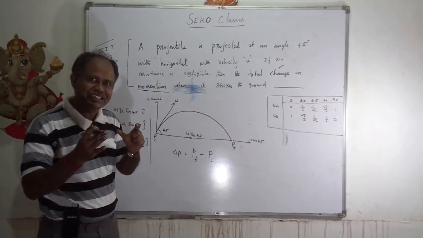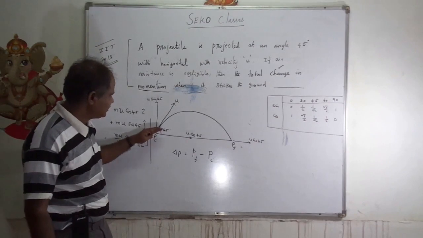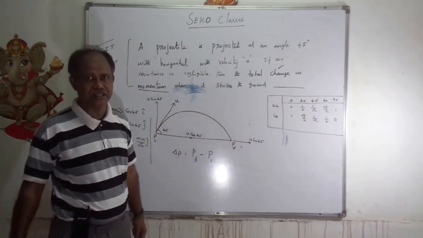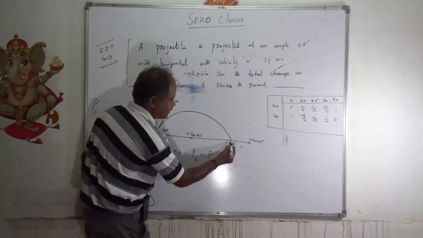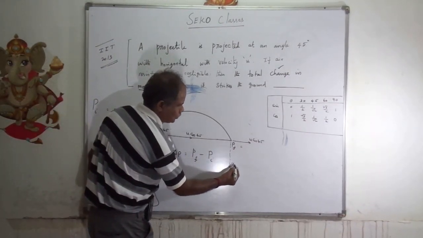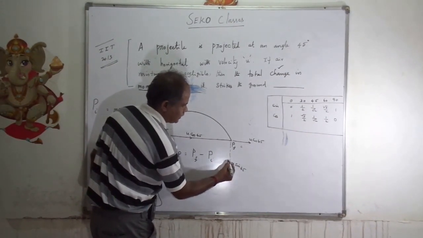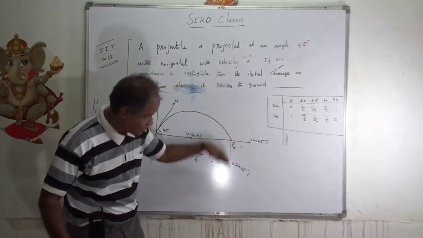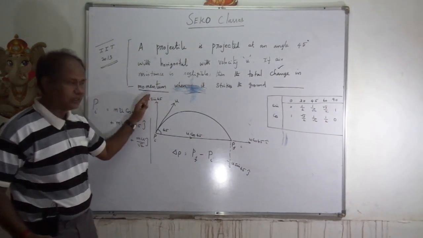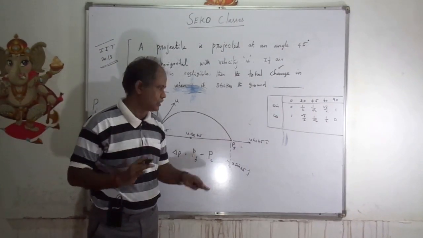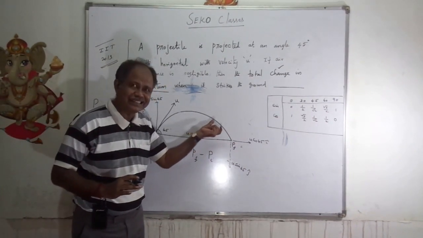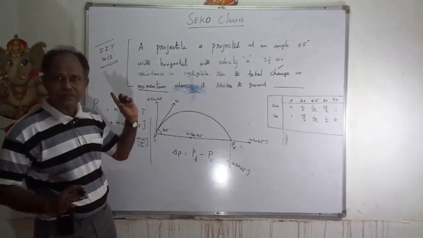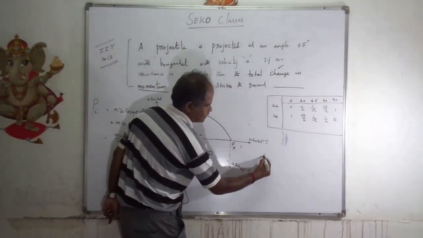There is only a change in the y component: initially it was upward, but now the object is moving downward. So u sin 45 becomes a negative component, along negative j cap. The x component is always positive, the y component is negative, since the projectile strikes the ground moving downward.